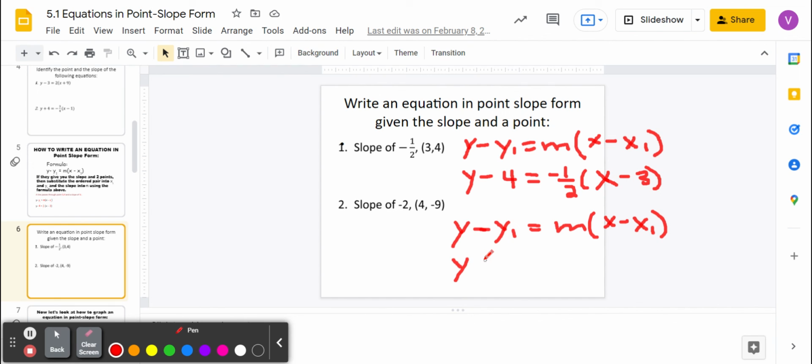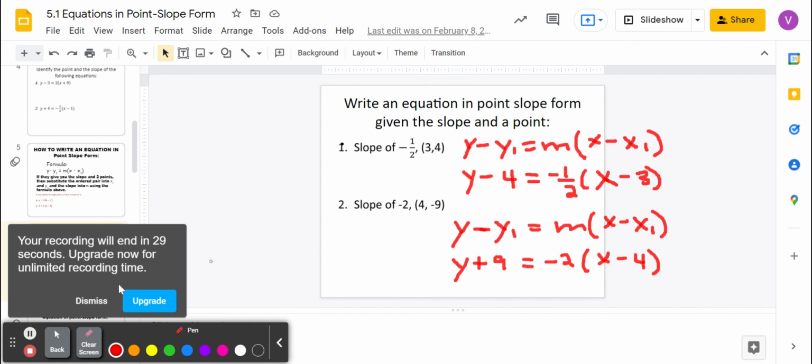So if I subtract a negative 9, it's really adding 9. My slope is negative 2. And same scenario, x1 is a positive 4, but remember we're subtracting the x1. All right, and that's your equation.